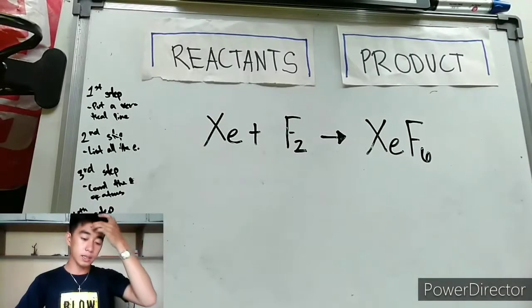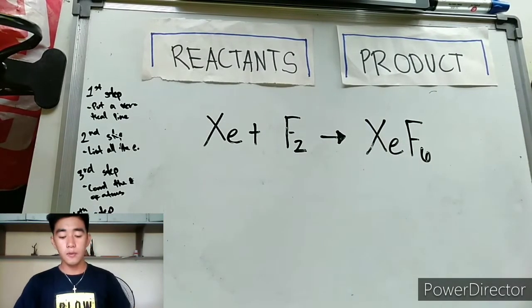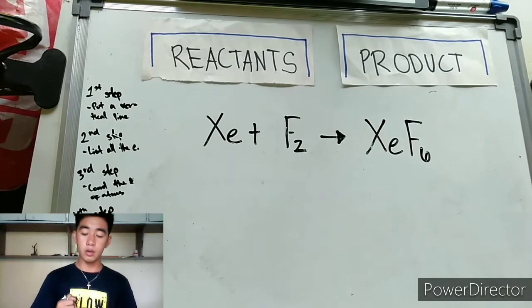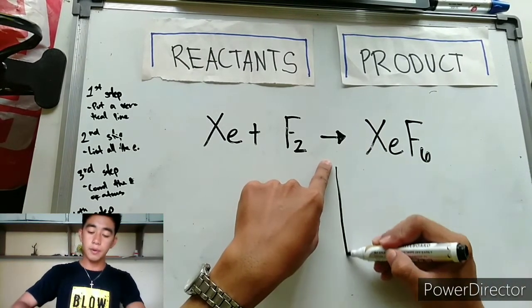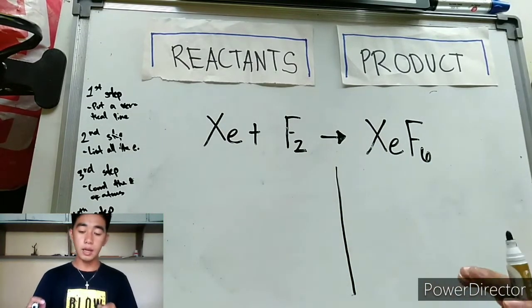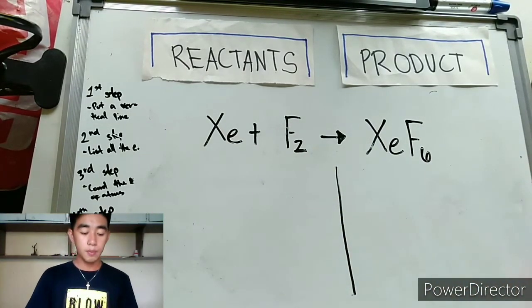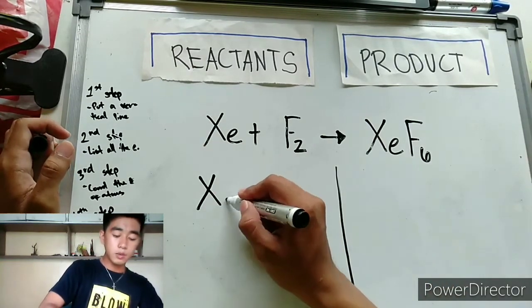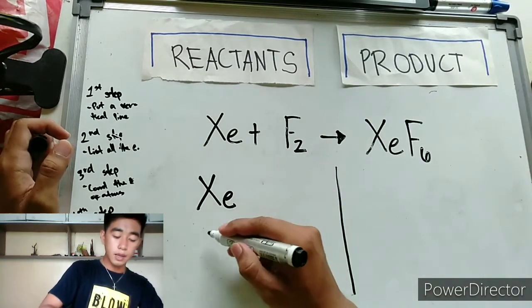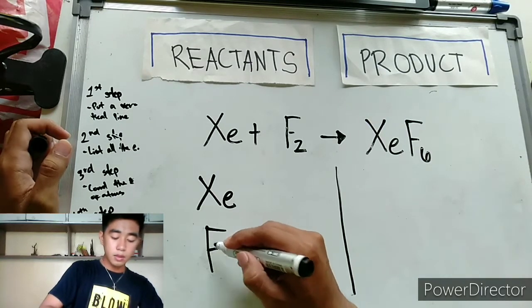Okay. So, for our next example, we have xenon and fluorine. So again, for the first step that we are going to do is to draw a vertical line under this arrow to separate the elements of reactants sa elements ng product. And for the second step, we are going to list all the elements. So we have Xe stands for xenon and F stands for fluorine.